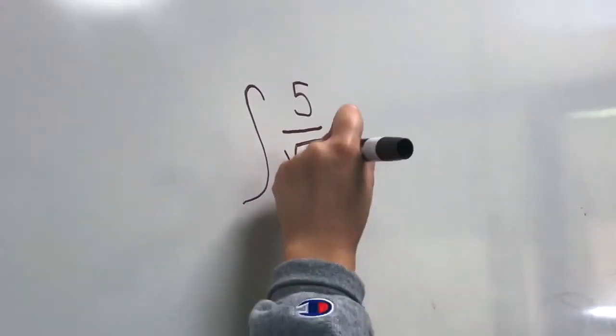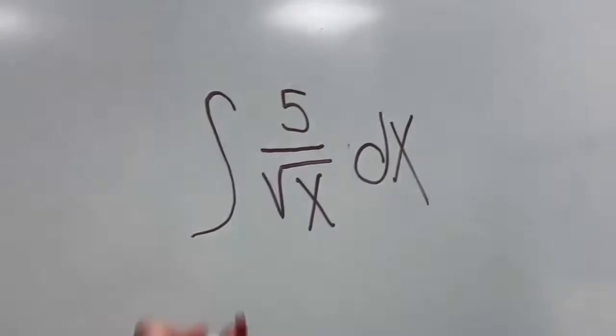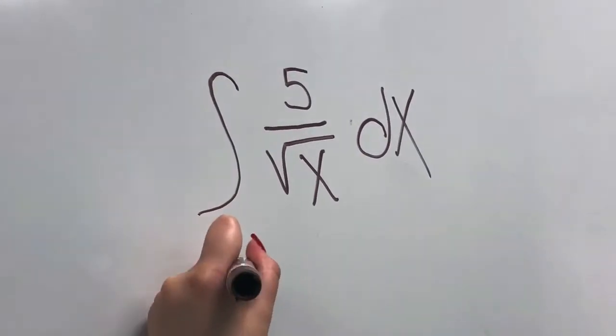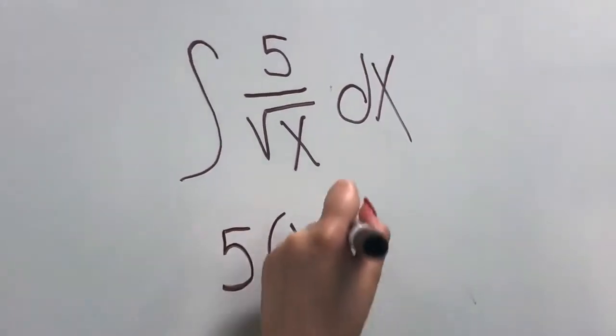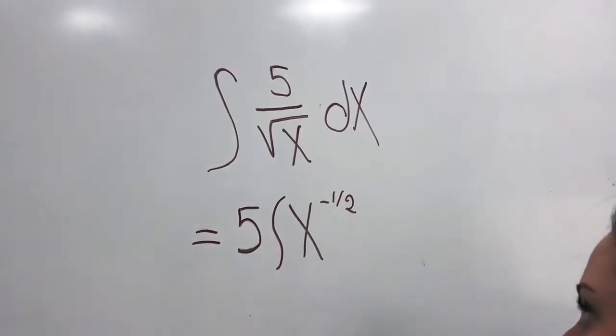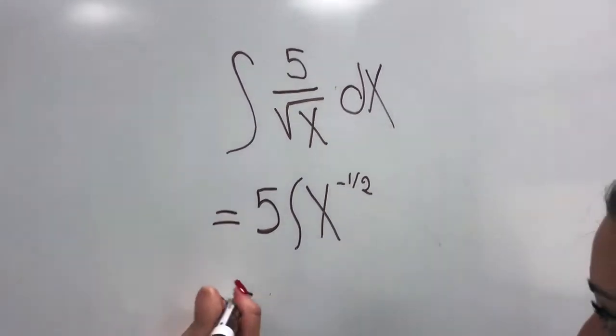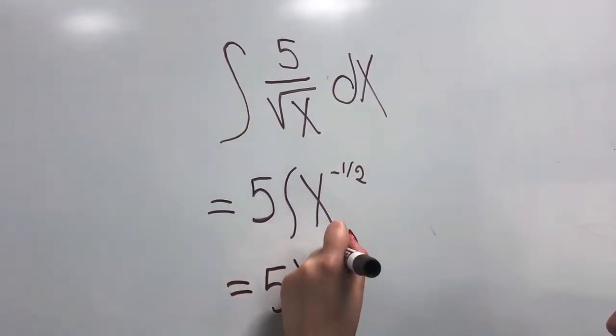Now we're going to take the antiderivative of 5 over root x, and this is another one that we're going to rewrite. So we rewrite it with 5 outside of the integral sign, x to the negative 1/2 power. And now we can integrate using the power rule.